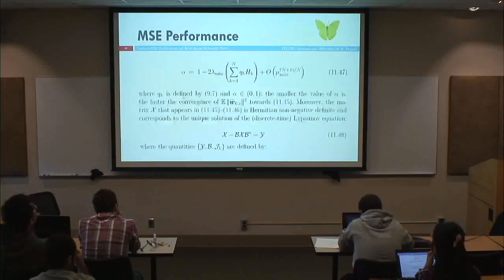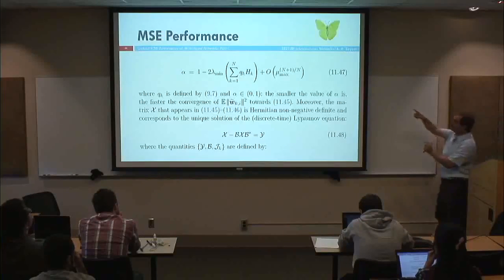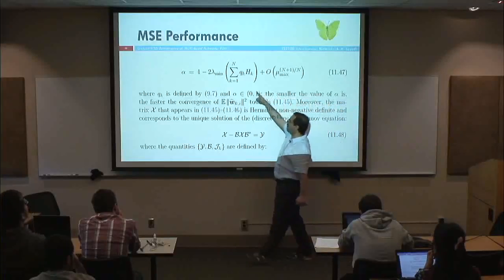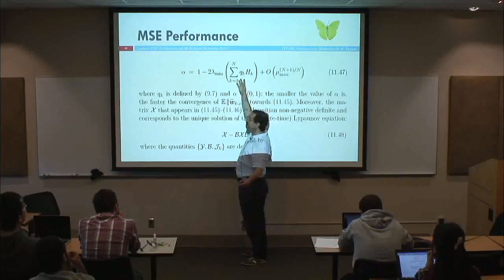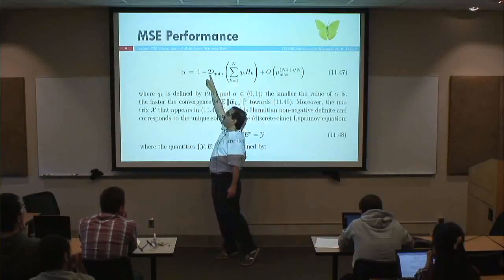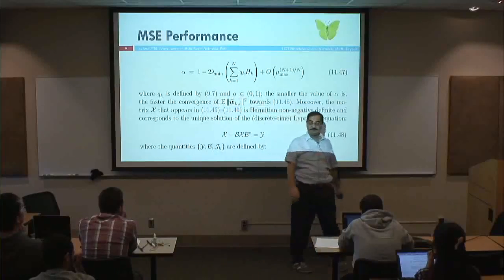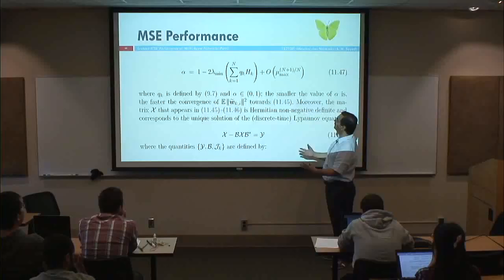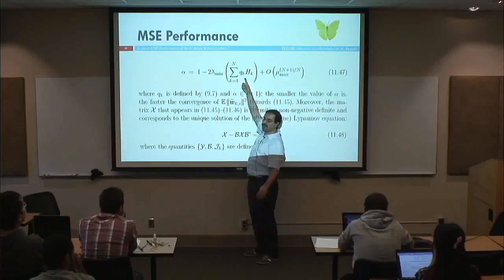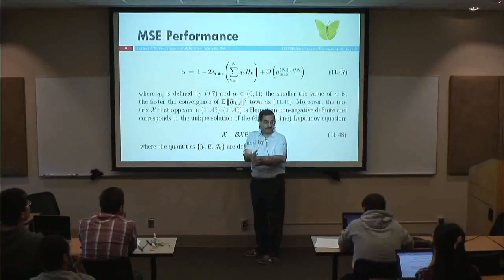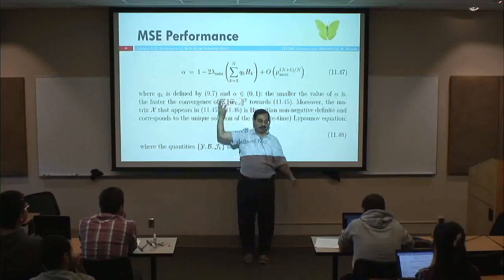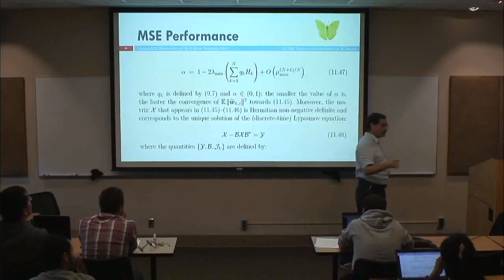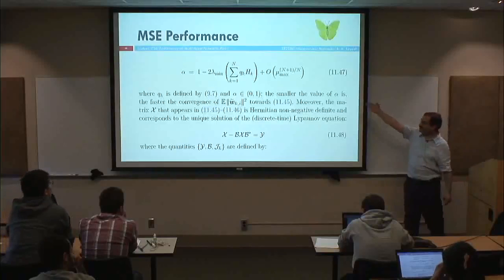The rate of convergence. I'm going to show you that the rate of convergence is given by this expression. So this is the sum of the QHs, positive definite, minimum eigenvalue of that times 2, 1 minus that. The important thing is that this Q is of the order of mu. You already know this Q has mu in it. So this is of the order 1, it's 1 minus order of mu. The convergence rate is 1 minus order of mu, but that's the expression.